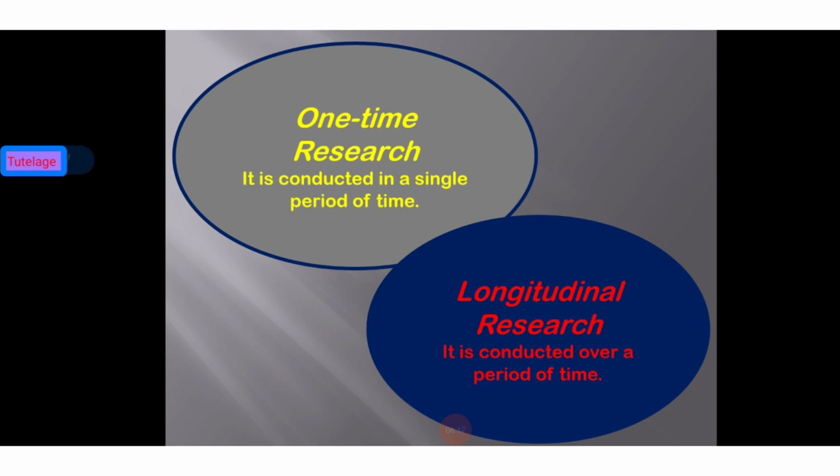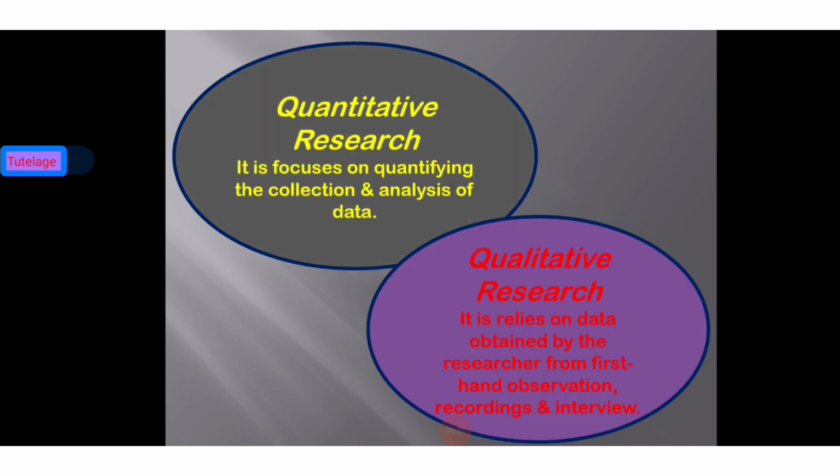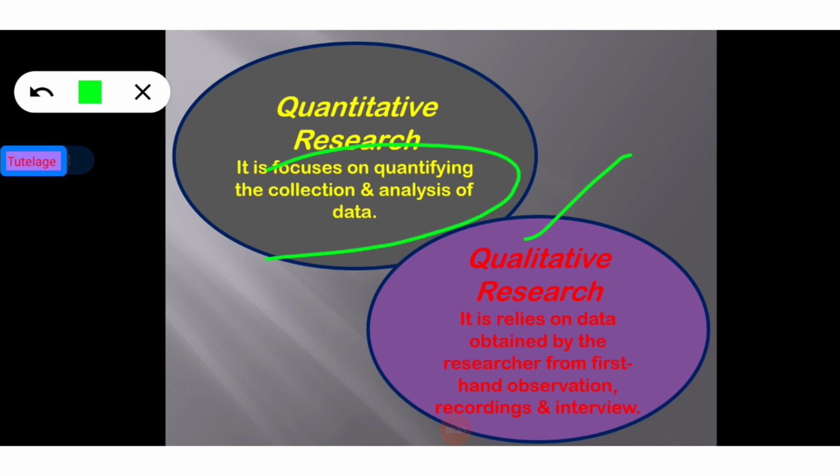So now going to the next slide. So learner, here we can see there are another two types of research method, that is quantitative research and qualitative research. Quantitative research basically focuses on quantifying the collection and the analysis of data.